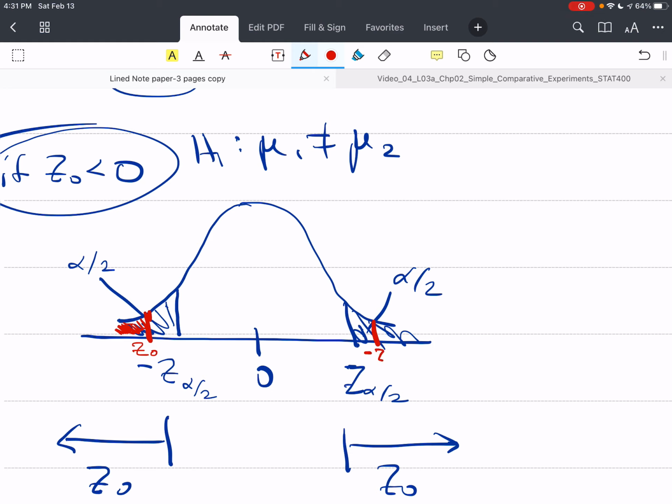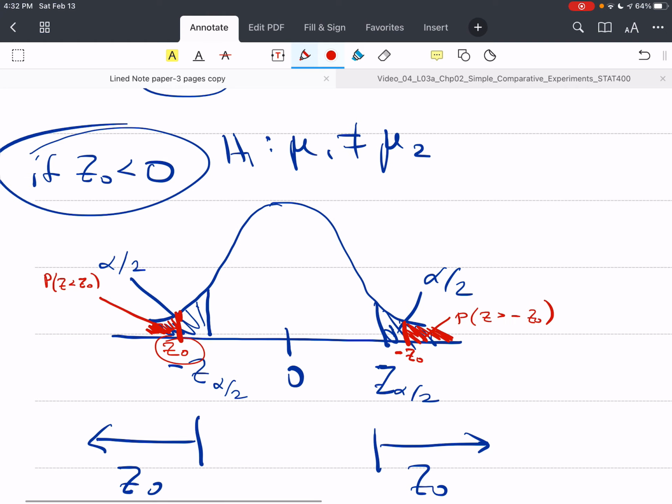This would now be the negative of z naught, which would be a positive number because z naught is negative. We want both of these areas, and they're the same amount of area. So this is the probability that z is less than z naught, and this is the probability that z is greater than negative z naught, which is a positive. We add those two together, and they're the same area, so 2 times this is the p-value.